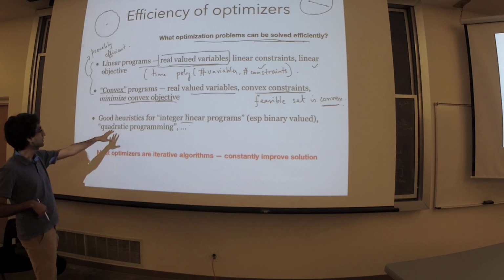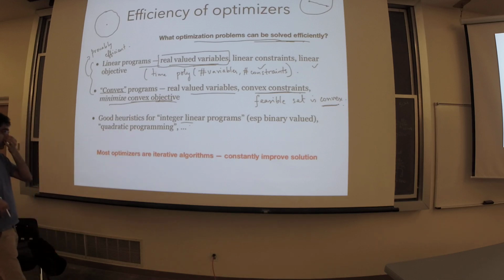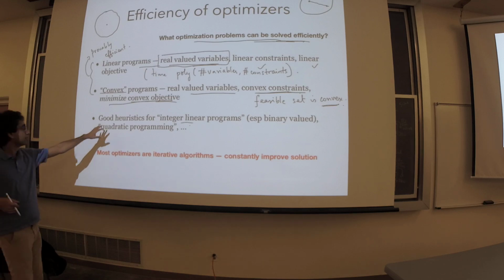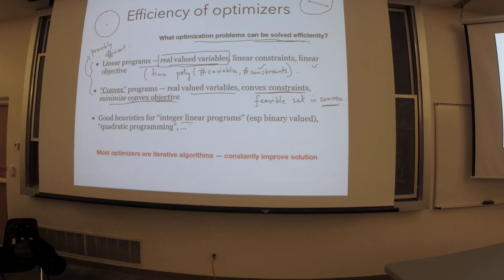And the same with quadratic programming, where you might have constraints that are linear, but your objective could be a quadratic objective. So this again can be difficult sometimes, but in general, there are pretty good heuristics for solving quadratic optimization. And there are also these solvers called QCQPs, which are quadratically constrained quadratic programs, where your constraints are also quadratic.